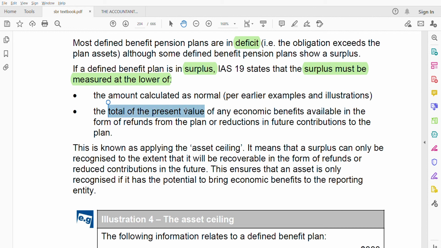You reduce the contribution or you take a refund from the plan. Whichever is lower out of these two will be taken as the measurement of the defined benefit plan if it is in surplus.